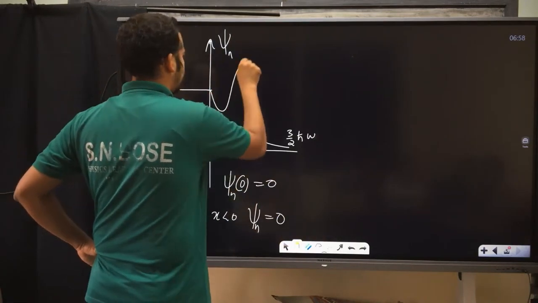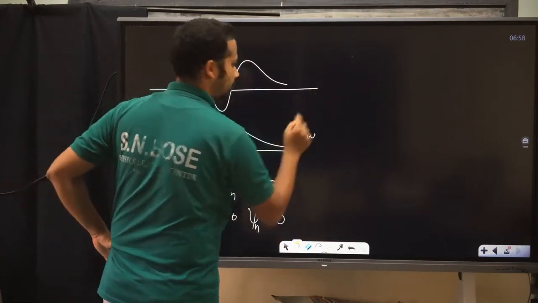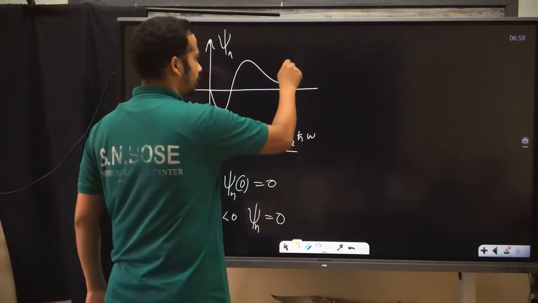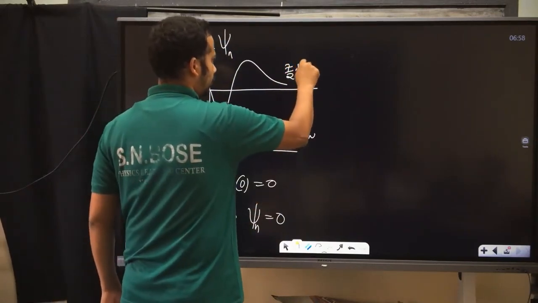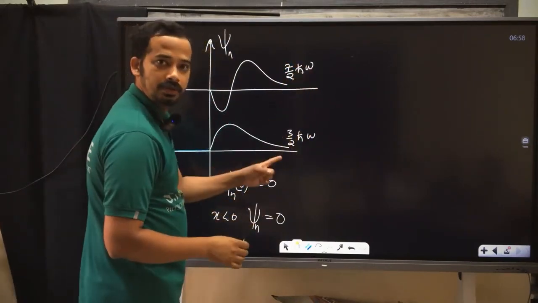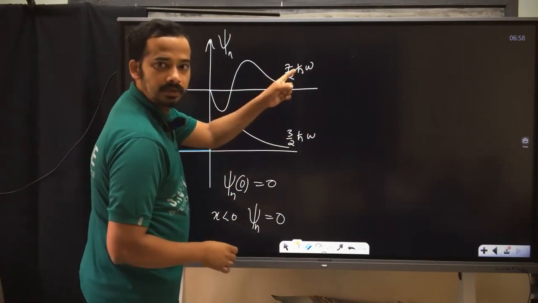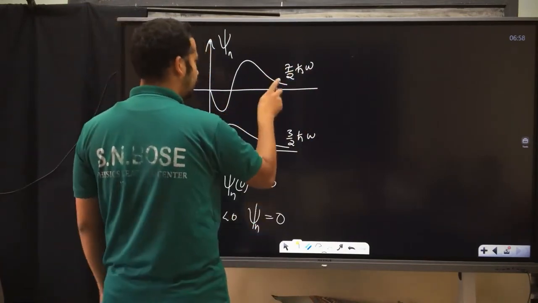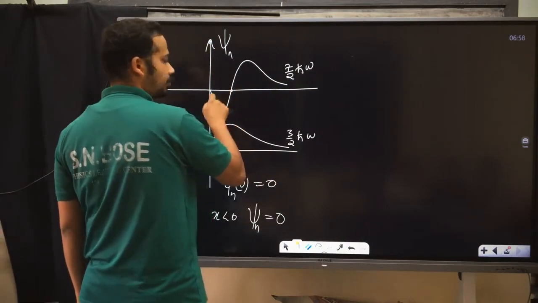Maybe like this. Am I right? Isn't it? n equal to 2 is 3 by 2 h bar omega, then 5 by 2, 7 by 2 h bar omega. This is the ground state, the first excited state of this half harmonic oscillator. Now, this is the first excited state. Am I right? It has one node.